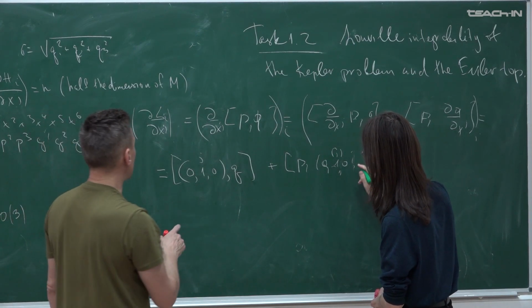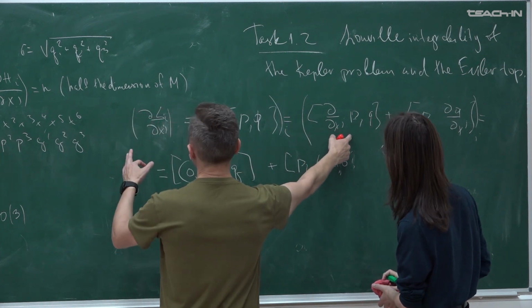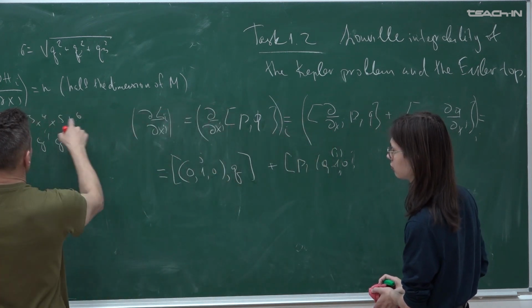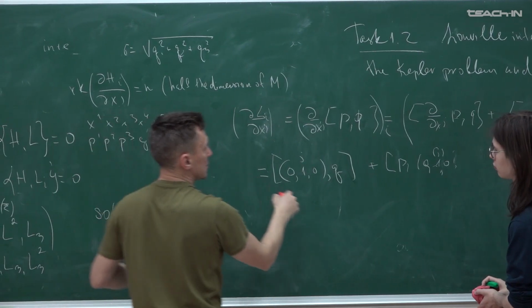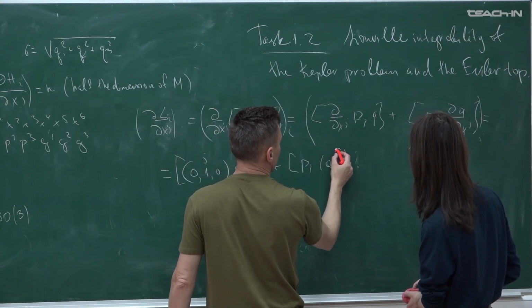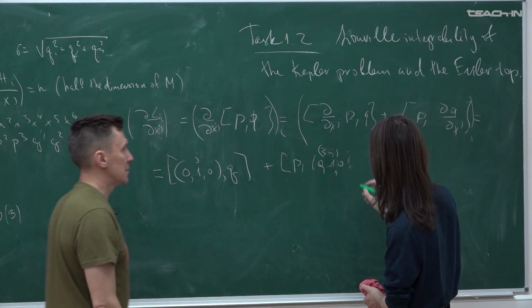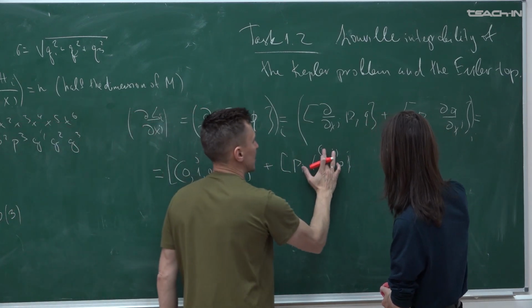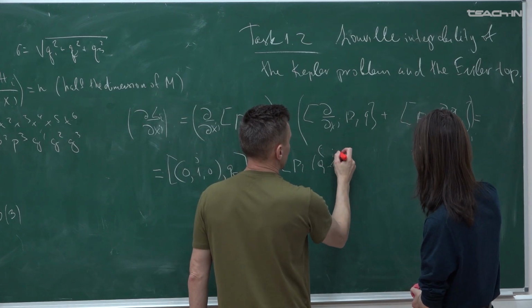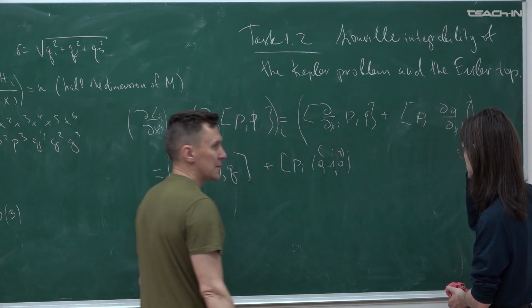Yes, but if this index is in the other set, it would be on the j minus 3 place. You understand?